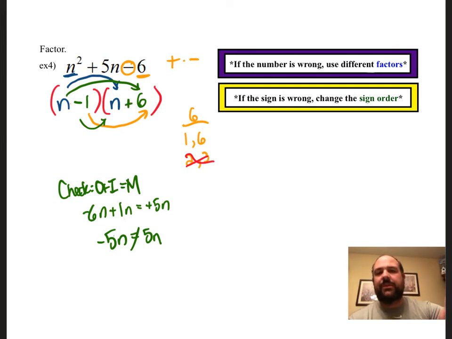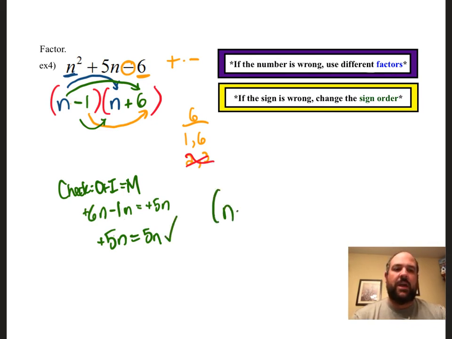That changes the outside multiplication to positive 6n, and the inside to negative 1n. Now when I combine like terms, positive 6 minus 1 gives me positive 5n. That does indeed equal positive 5n, which is a good thing because it now works. So there's our final answer, n minus 1 times n plus 6.